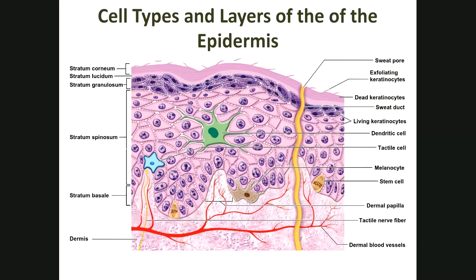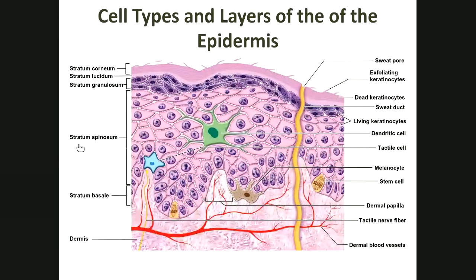First, I want to talk about the epidermis. The epidermis of the skin is keratinized stratified squamous, and we have different layers in our epidermis. From the basement membrane, which you can see here, to the top or the surface, you can see the layers: stratum basale first.